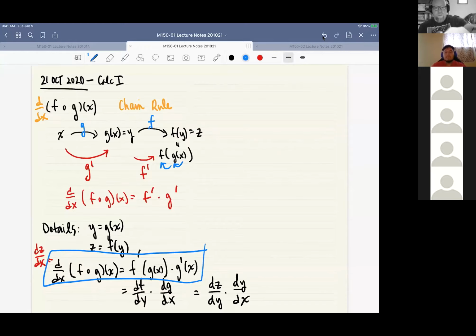Okay, so let's do some examples. The way I want to do this is I am going to write down an example, and then I'm going to ask you to use the chain rule to calculate it, to work it out on some scratch paper in front of you.